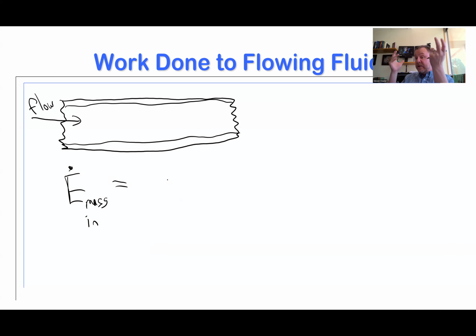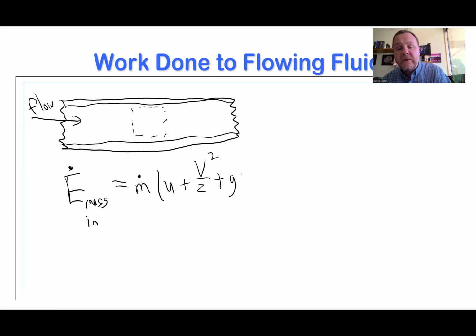It's got its own internal energy, its own kinetic energy, its own potential energy, just like any other system. I basically have a little bubble of mass in here, its own little system, moving at a particular rate. So the mass is flowing at a particular rate, and that mass has its own internal energy, its own kinetic energy, v squared over 2, and its own potential energy.